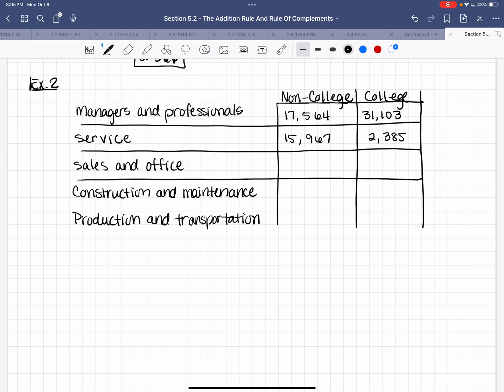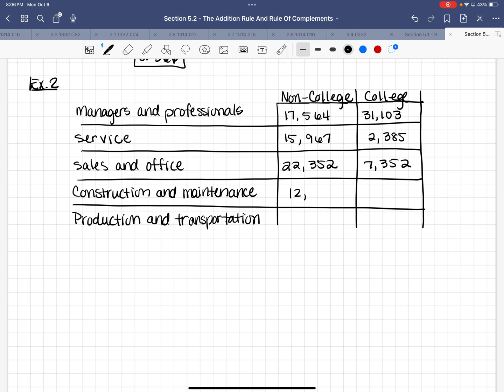Sales and office, 22,300 non-college and 7,352 college. Construction and maintenance, 12,511 on non-college, 1,033 on college. And then production and transportation is 14,597 in non-college and 1,308 in college.